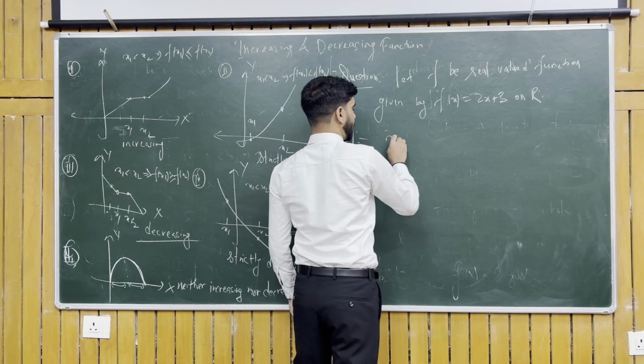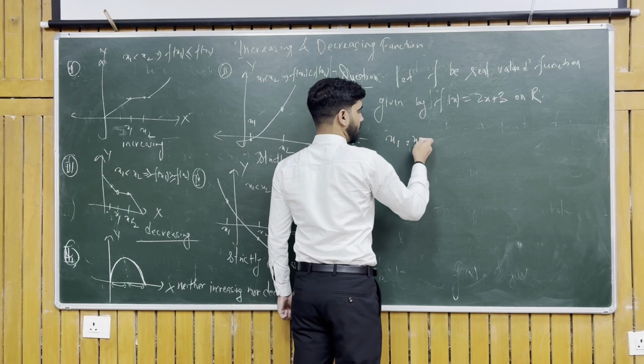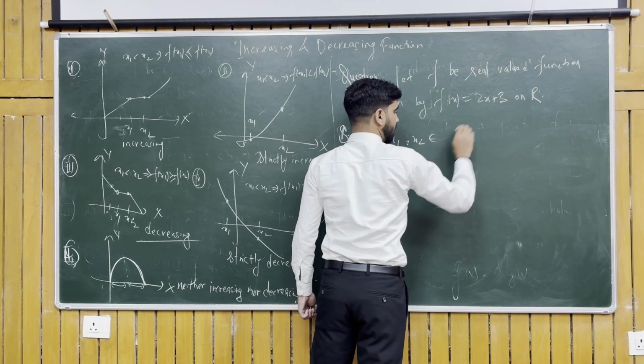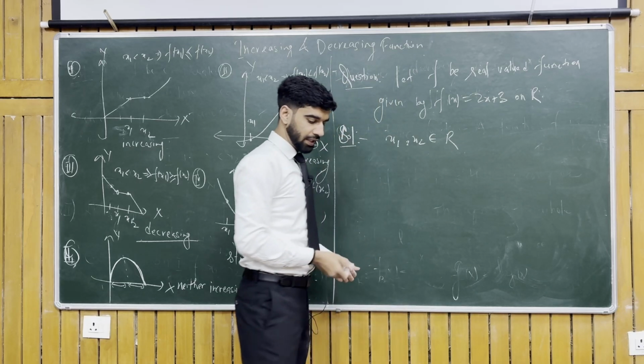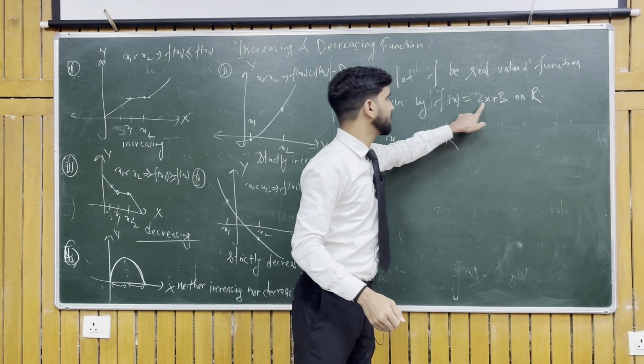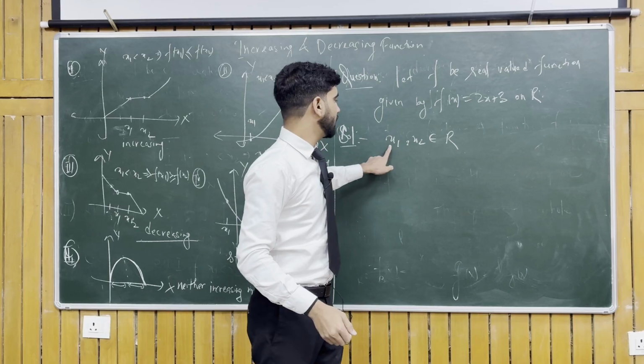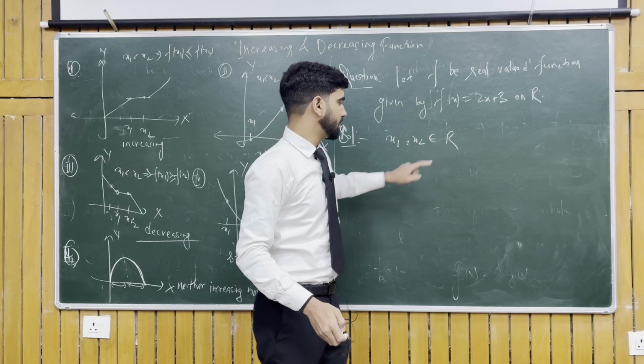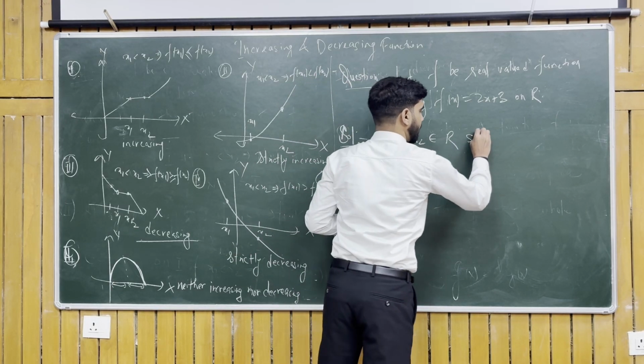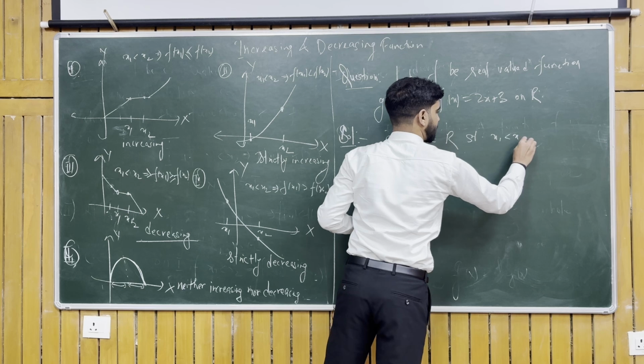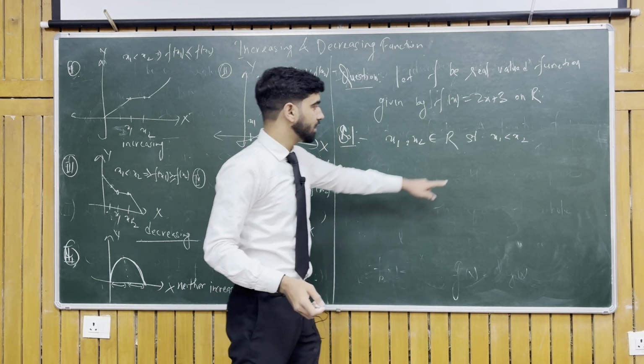Let us take two points x1 and x2 from the set of real numbers, because we have to check on the set of real numbers whether the function is increasing or decreasing, such that x1 is less than x2. So now we have the condition that x1 is less than x2.